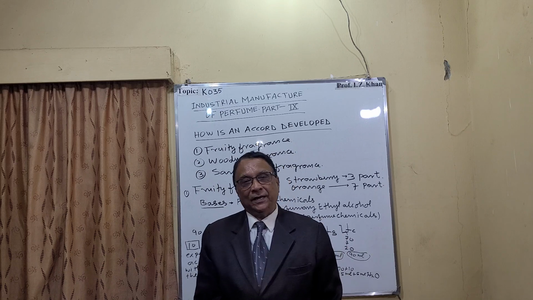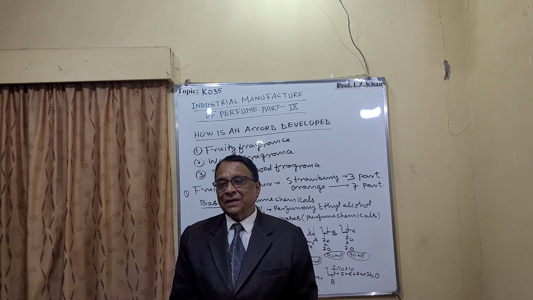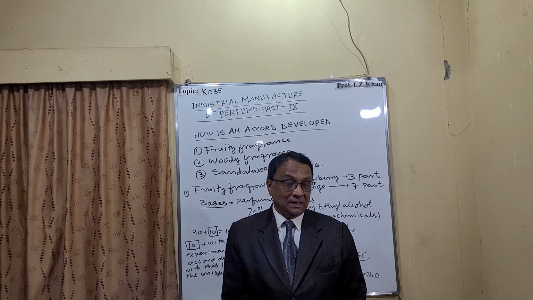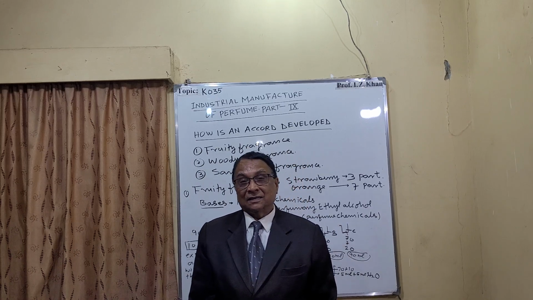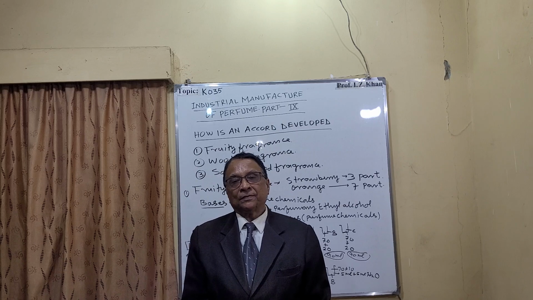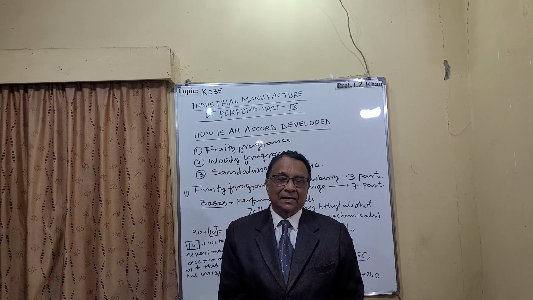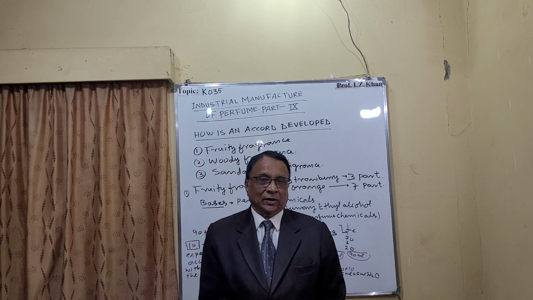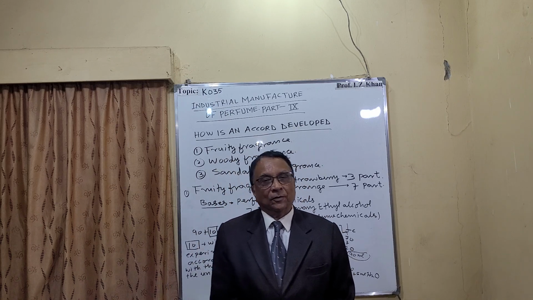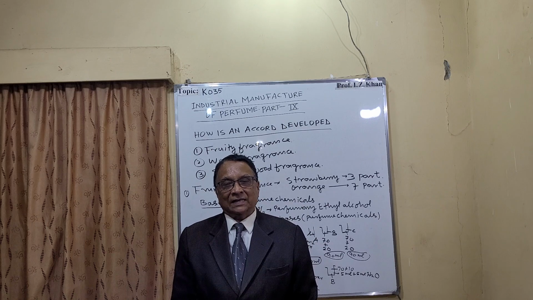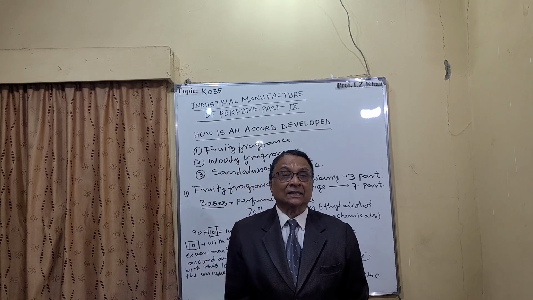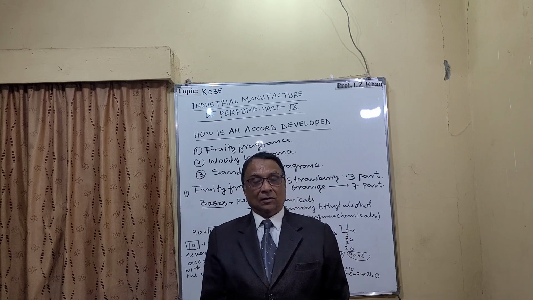So after making such a mixture, by fixing a very clear ratio, we can keep this mixture, A, B, C or A, B, if it is 2 or 3 or 4, whatever, for at least 1 week to 40 days to develop, and that is called the development of the accord.